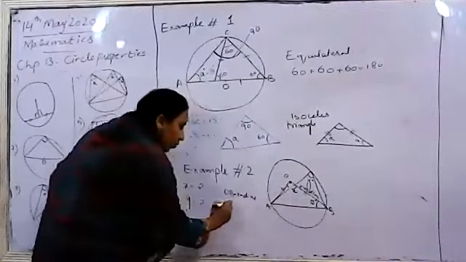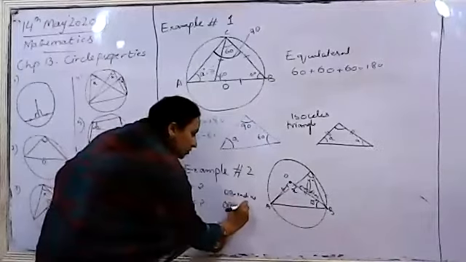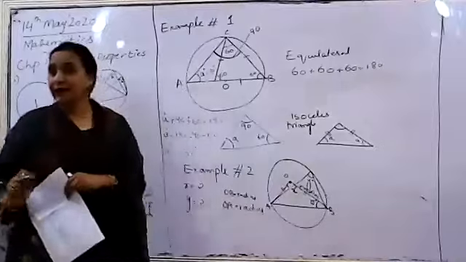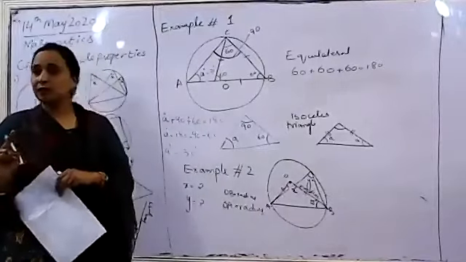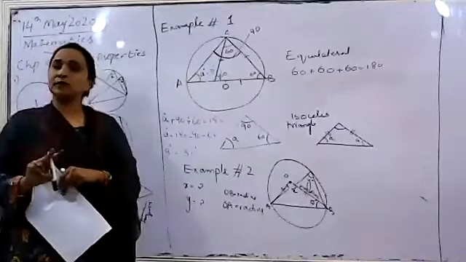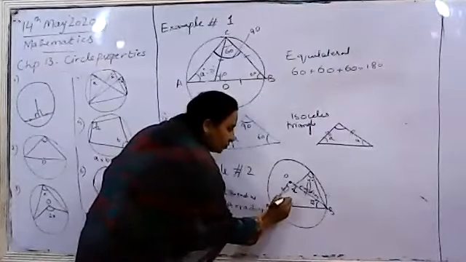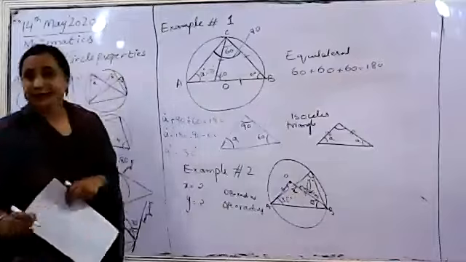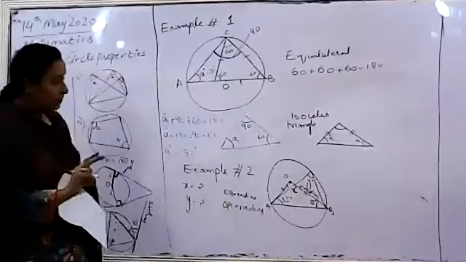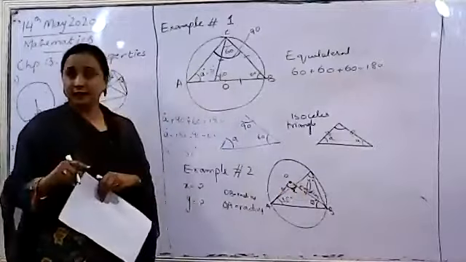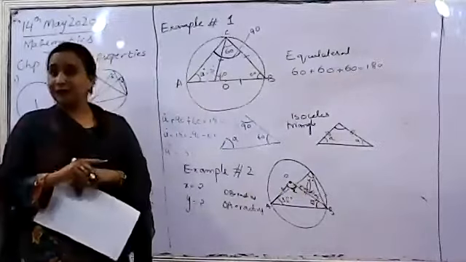And what does OA stand for? It is also your radius. So it means that these two lines are equal. When these two lines are equal, your base angles would also be equal. If this is 35, my dear, this would also be 35, right? With the help of these two angles, you can find out the angle made at the center of the circle, which is represented by x.